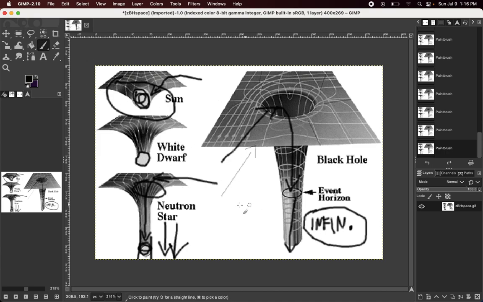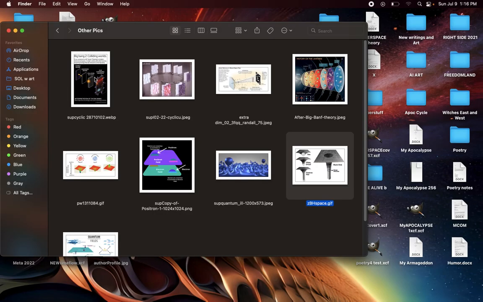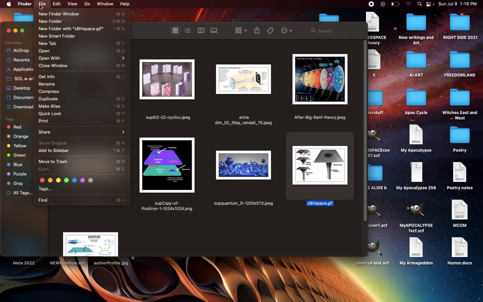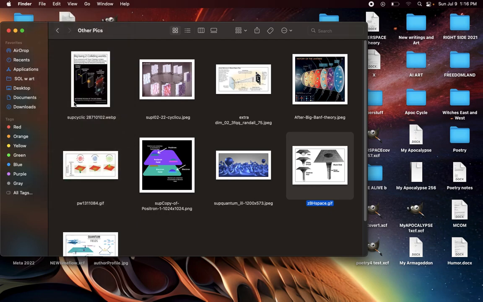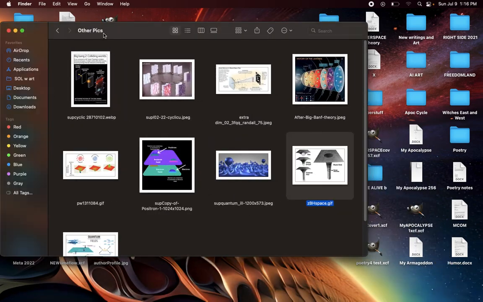So when we think of gravity, let's do a really crude little design. Actually, here, let's open something else. So when we think of gravity as curving space, I'll get one of my own graphics up here.